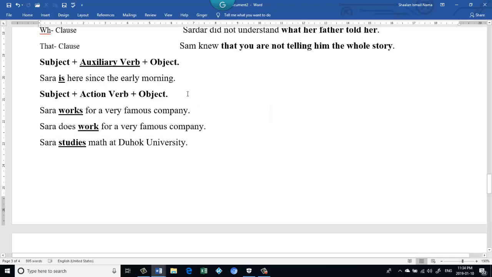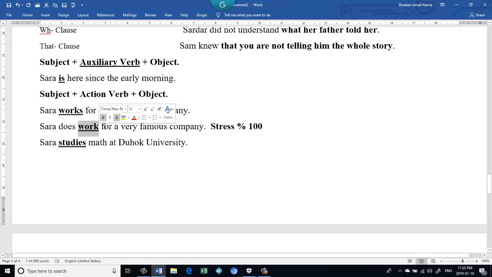Here we are saying Sarah is working there, but the difference is that here we are only adding more stress on it. It means making sure 100% that Sarah is working for the company. That's the reason we're saying Sarah does work for a very famous company. Sarah is the subject, does is the auxiliary verb here, then we have the main verb work.